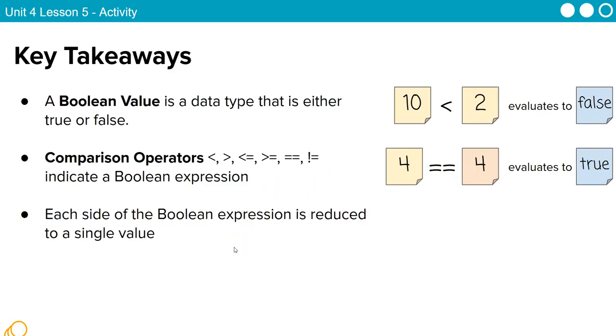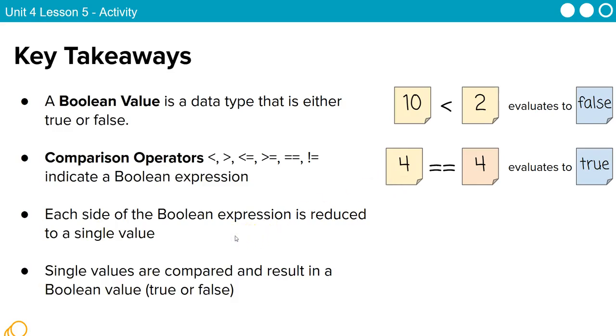Each side of the Boolean expression is reduced to a single value before we can evaluate that Boolean expression. So if I had 3 plus 1 equal to 5 minus 1, I have to do this side to get it down to a single value, evaluate the right side to get it to a single value before I can evaluate the expression.